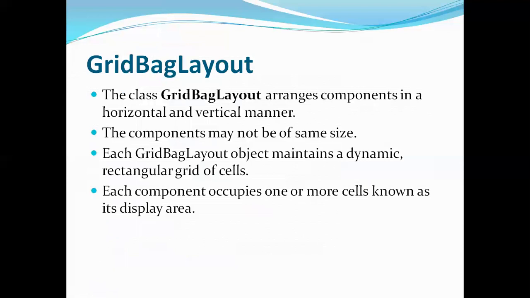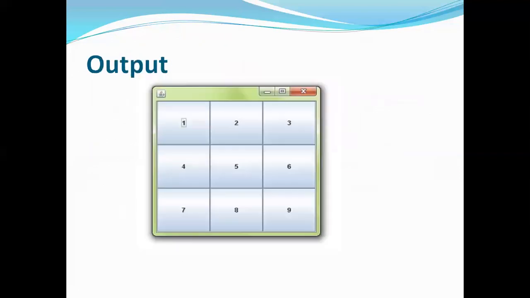Now the last one is called grid bag layout. Let's see what grid bag layout is. Grid bag layout is similar to grid layout, but the only difference is that in grid layout, all the components will be of fixed size, meaning the same size. Each button will be the same as every other one.